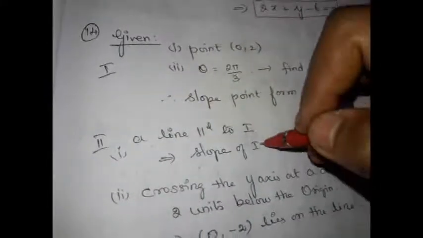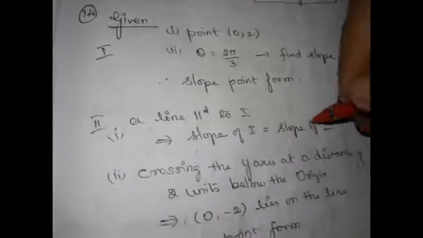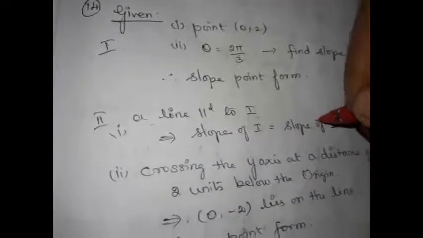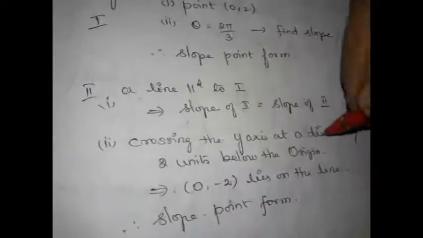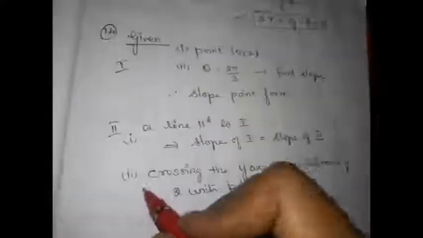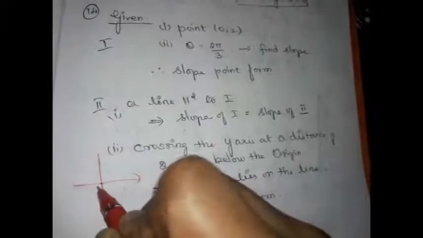So a line parallel to the first line implies the slope of the first line will be the same as the slope of the second line, crossing the y-axis at a distance of 2 units below the origin. This is our origin. So below the origin 2 units means it is going to be -2, right?